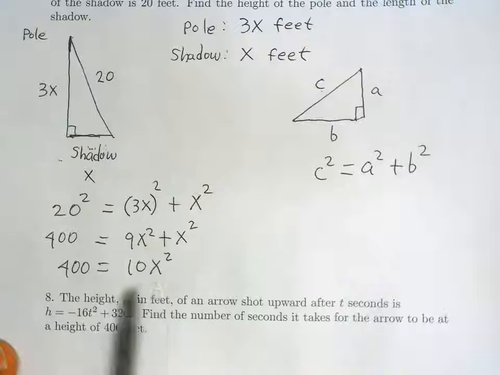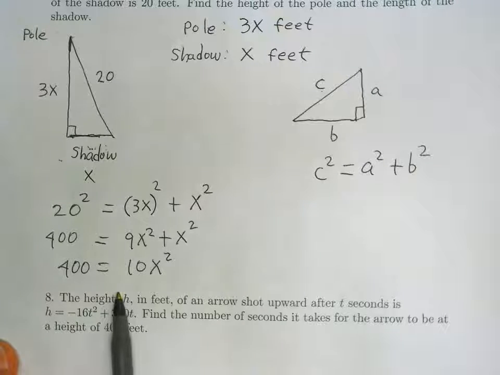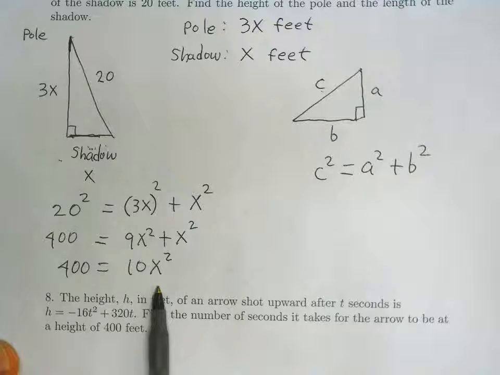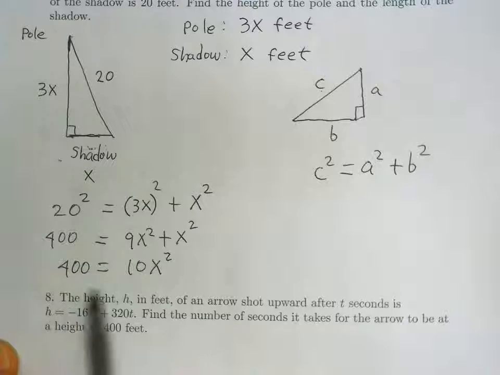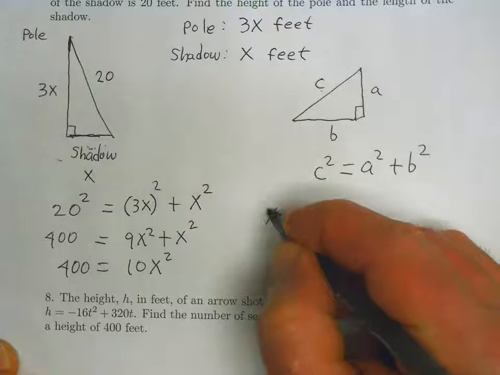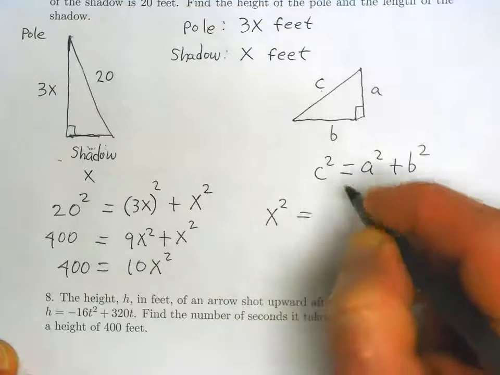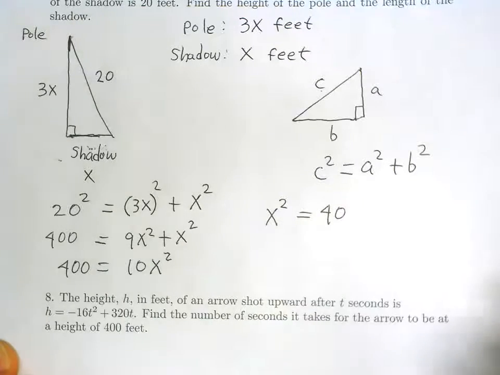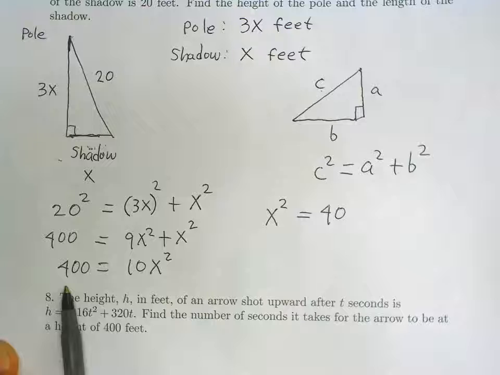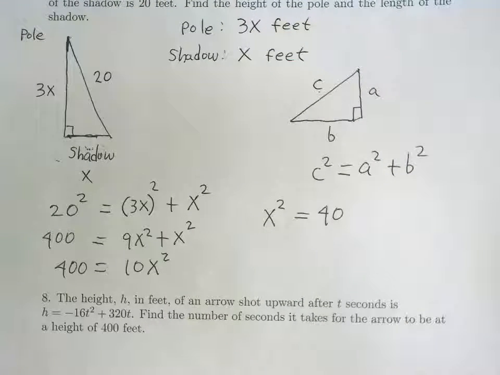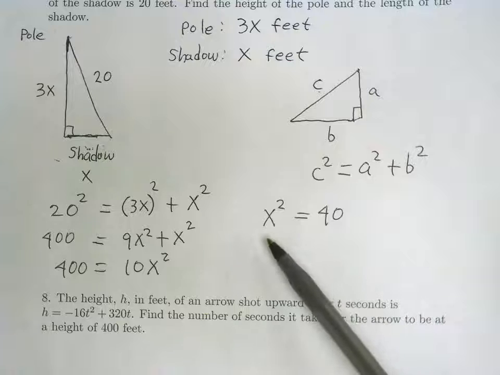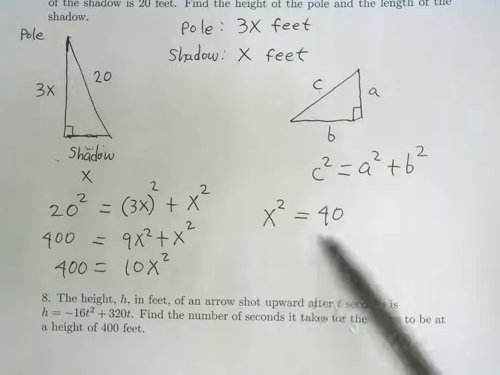This is just a quadratic equation, but it looks like the easiest thing to do is to solve it by using the square root property. So I'm going to divide both sides by 10 and write this as x squared equals 40, because 400 divided by 10 is 40. And in this problem, we want the positive solution.